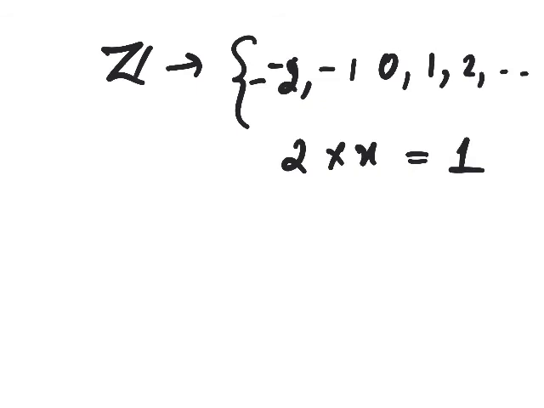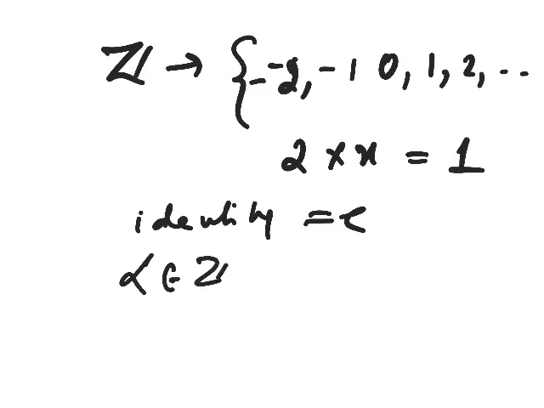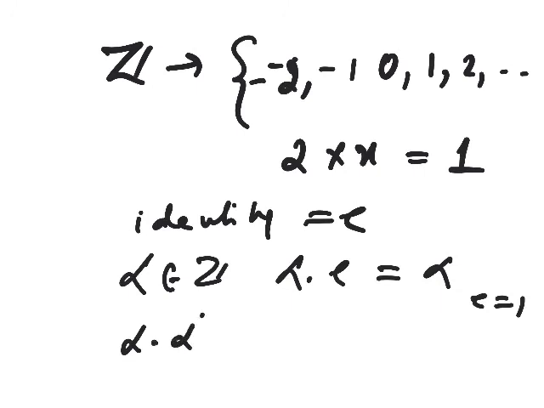Let us say identity is E. For any element alpha of Z, alpha into E should give me alpha. So identity is present, identity is 1, but there is no inverse. You should also have alpha inverse such that alpha into alpha inverse gives me E back.